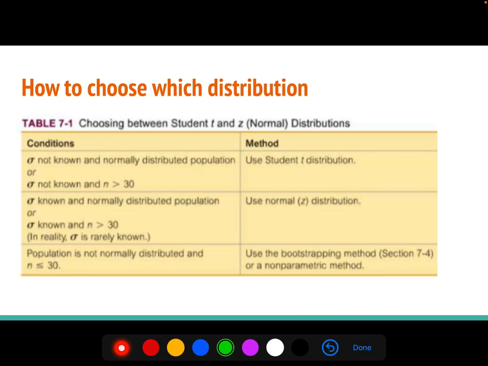Now, how do we tell which distribution to use? Because I told you in this lesson we used a T, and then all of a sudden I started using a Z. All right, so here, what are we doing? If sigma is not known and we are normally distributed, use the T. If sigma is not known and n is greater than 30, we use the T. This was part 1.